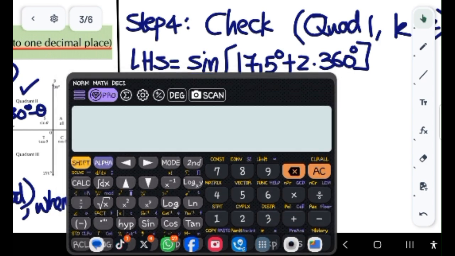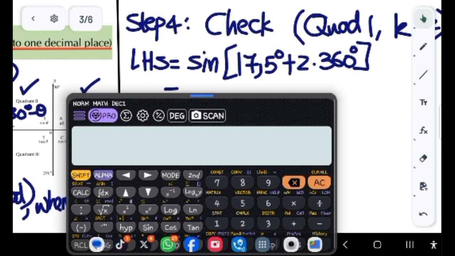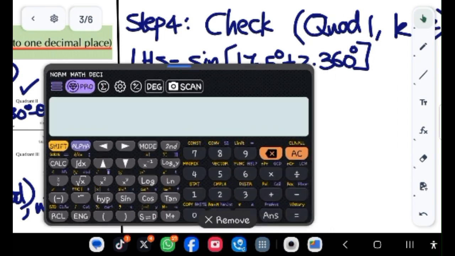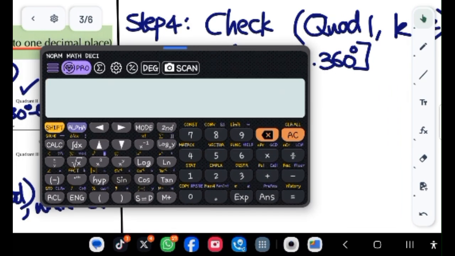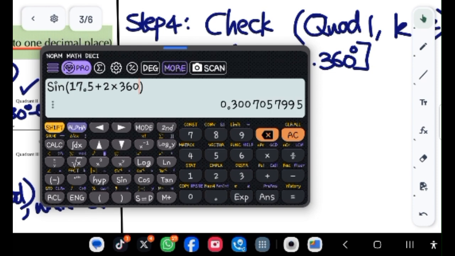So that is sine of 17,5 degrees plus 2 times 360 degrees.